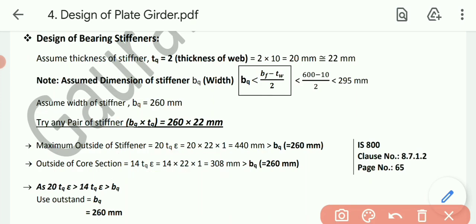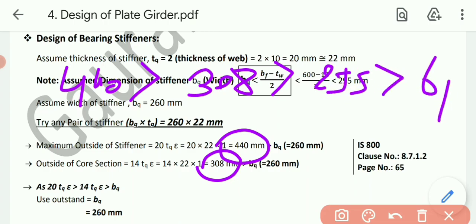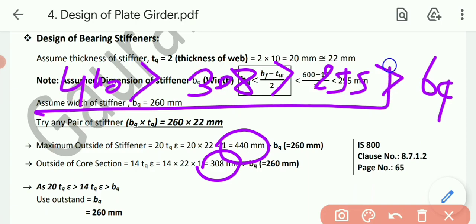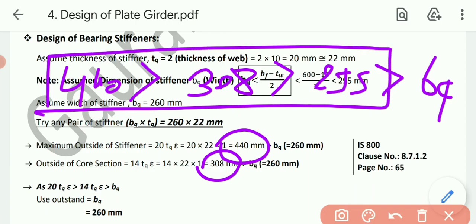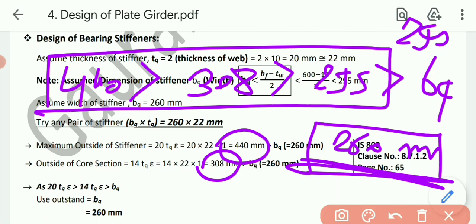Sorry, it should be less than it. So we have the criteria: 440, then 308, and the space is only 295. So b_q should be less than all these three values. Right now I am assuming b_q as 260 mm. If you want to assume 290, 285 or 280, that is up to you. I am assuming 260 as the width of the stiffener.